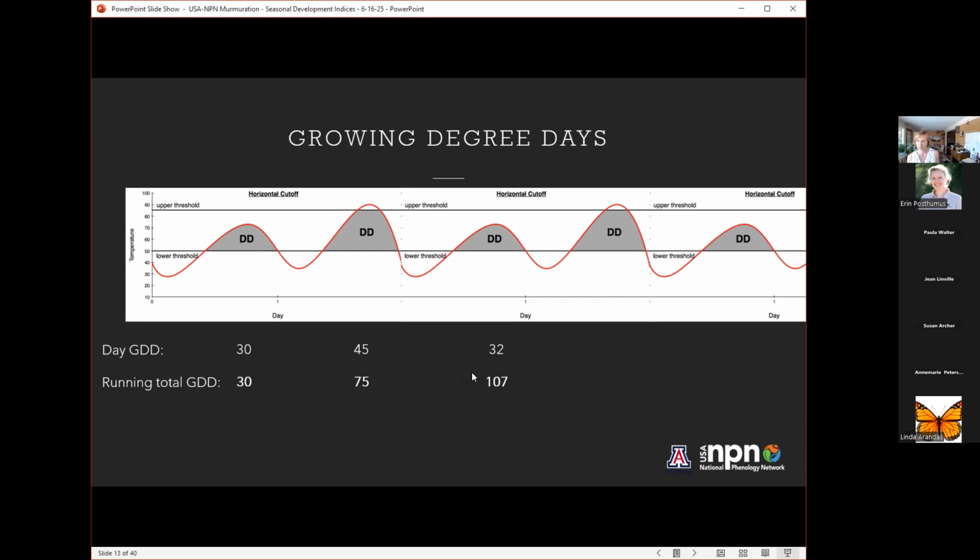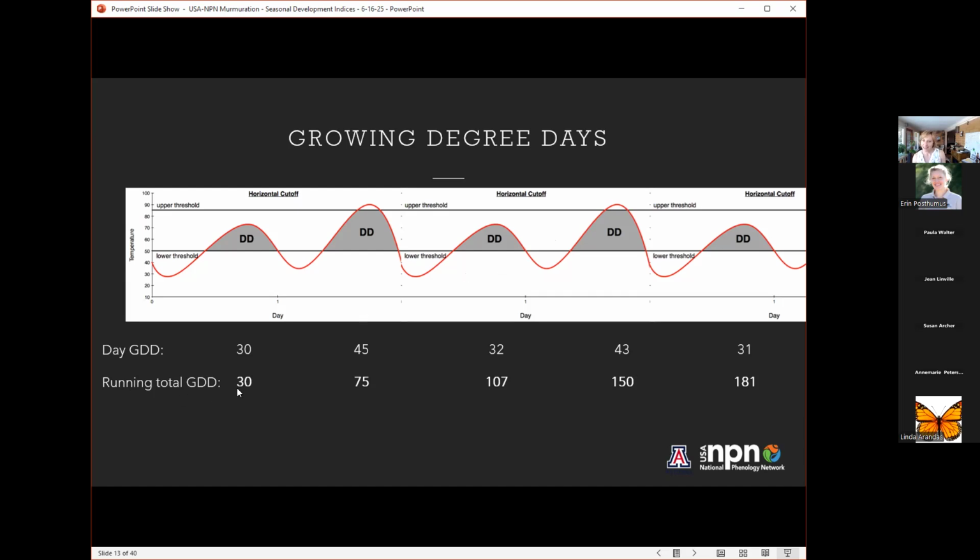If that's the case, then this total just sits where it's at and remains steady until we start achieving again. And then on this idealized day, I said, all right, we got 43 more. So we add 43 to our running total of 107, and now we're up to 150. And so on and so forth. We're just paying attention to how much warmth is being accumulated.